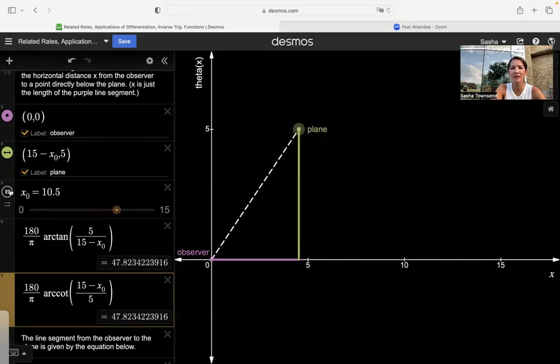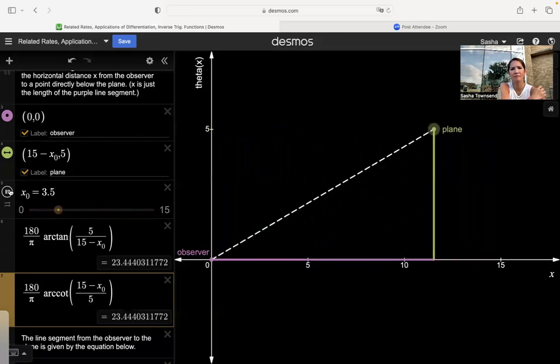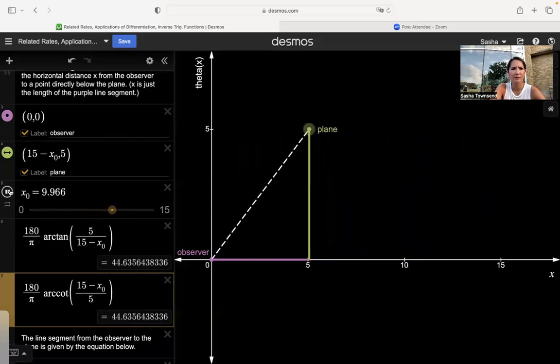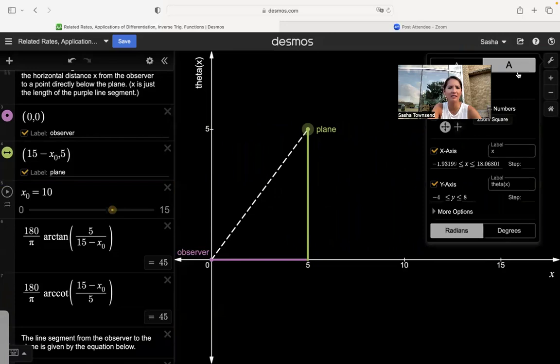Probably would, but we have to be careful. But you can see when x naught equals 10, this length is 5 and this length is 5. So that's just a 45, 45, 90 triangle. So the angle is 45 degrees.